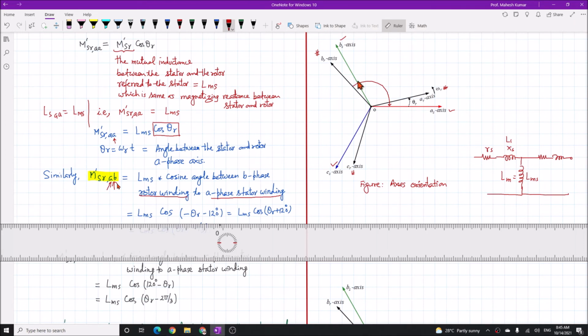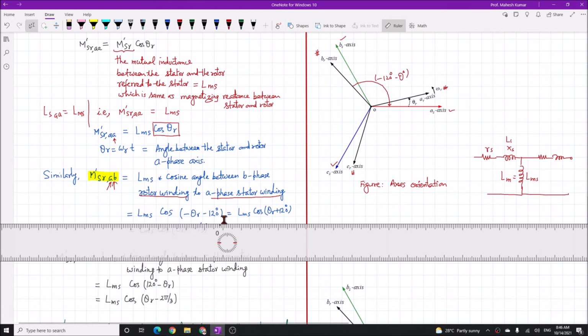So minus 120 minus theta. This is minus 120 minus theta. For cosine doesn't matter, because cos minus theta is same as cos theta. Therefore, whether I move from this to this side or I move from this to this side, the effect is same.